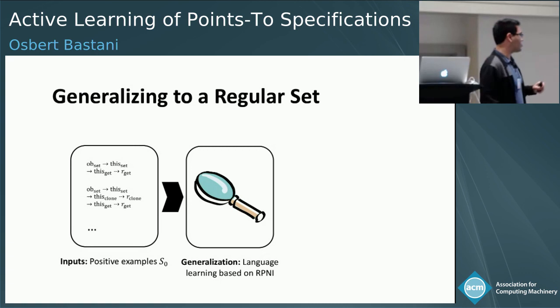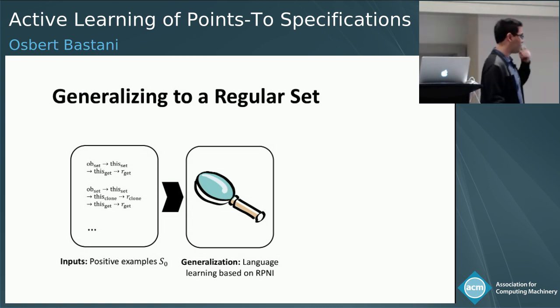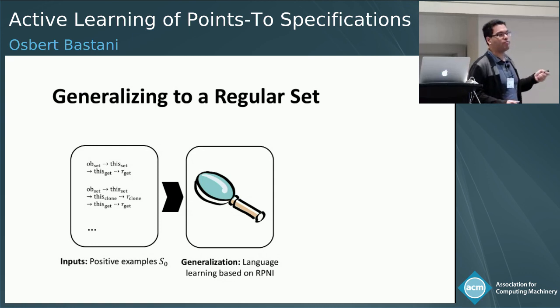I'm not going to go into much detail, but like RPNI, our algorithm constructs the prefix tree acceptor of the positive examples, and it tries to merge states in this finite state automaton. Whereas RPNI uses negative examples, our algorithm uses the unit tests generated in the first step to check when a merge is acceptable or not.